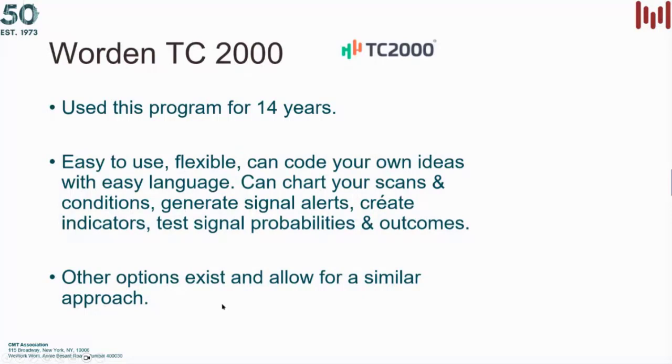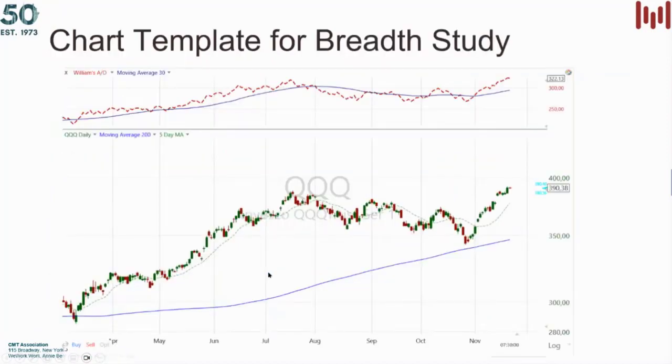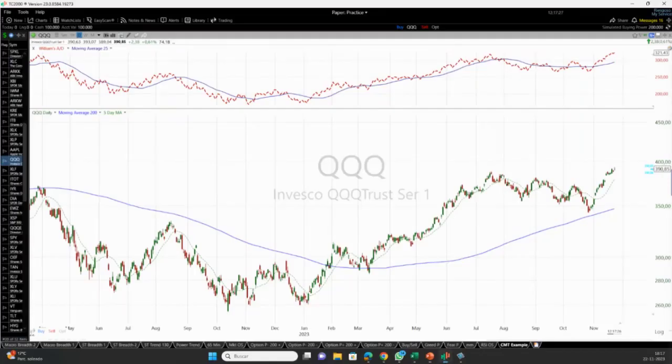Of course, there are a lot of options that exist for this and allow for a similar approach. But this is the one I know, and I'm an expert on this. But I'm sure, like what you see here, you're going to be able to apply it to your own charting platforms some way or another.